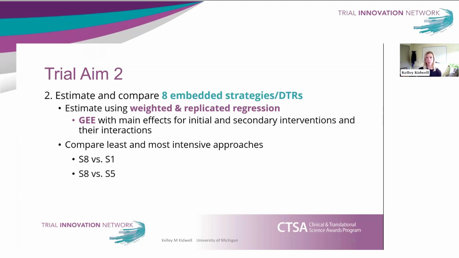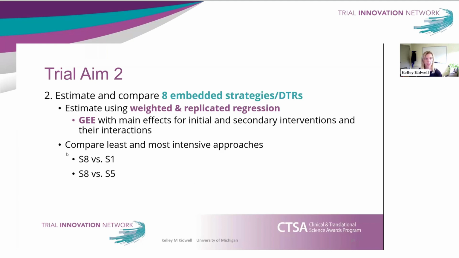And so what they plan to use, which is probably the most commonly used analytic method for SMART designs, for either a longitudinal or a cross-sectional analysis, is what we call weighted and replicated regression. This is just going to use generalized estimating equations to analyze the effects of, in our model, the first stage treatment, the second stage treatment, and their interaction.